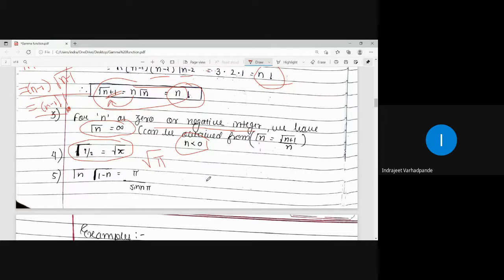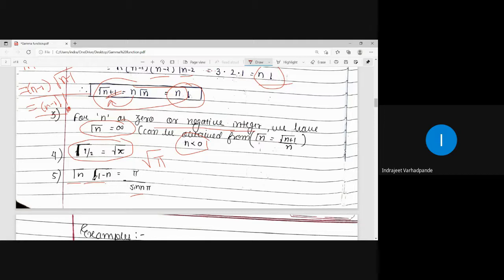Many a times we have to implement it or use it. Gamma half is equal to under root of pi. And lastly, the property is gamma n into gamma 1 minus n is pi upon sine n pi. This is a very important property.